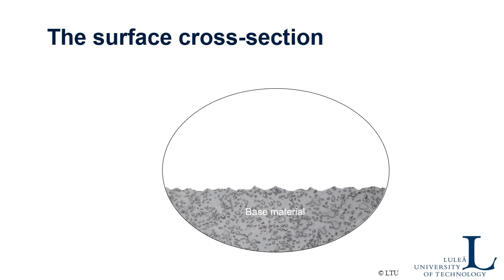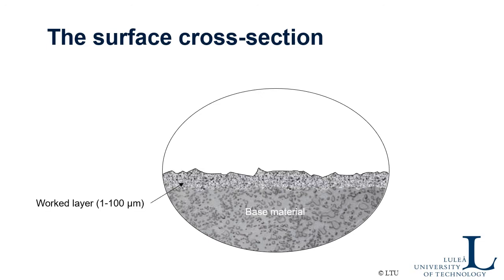If you start with a base material, the part of the base material that isn't influenced by the wear processes or the contact mechanics processes going on at the surface, on top of that you have a worked layer which could be a number of micrometers. Here you have an effect of what has happened on the surface, not only the wear process but also the manufacturing processes making the surface.